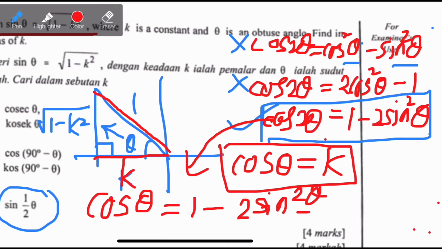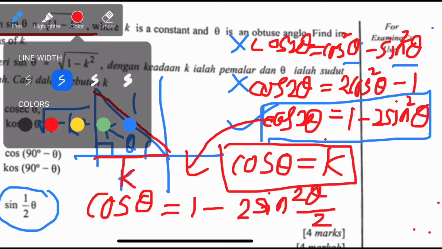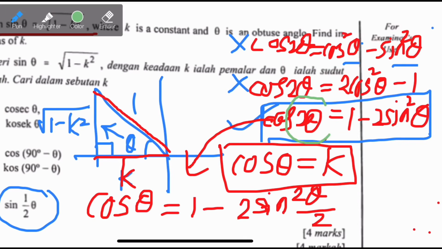Sine square half theta, there is a square there, so you have to rearrange until sine square half theta is the subject, and then simplify to the simplest form. So your answer will be the simplest answer. If you don't simplify the answer, they will deduct your marks.